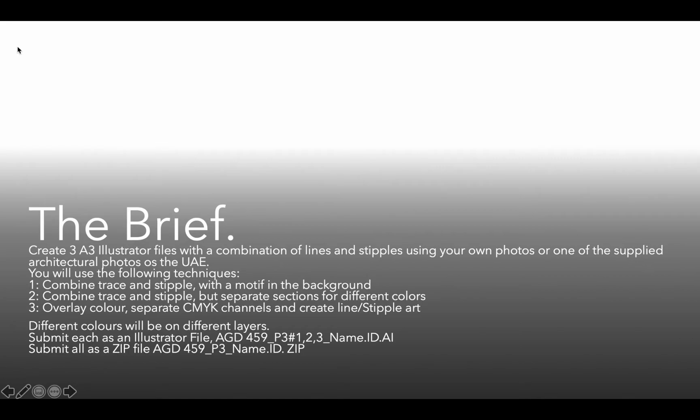So of course you'll have different colors on different layers, and submit each as an Illustrator file, AGD459, Project 3, either 1, 2, or 3, and your name ID.ai. And you'll submit all 3 as a zip file, AGD459 P3, name ID.zip.